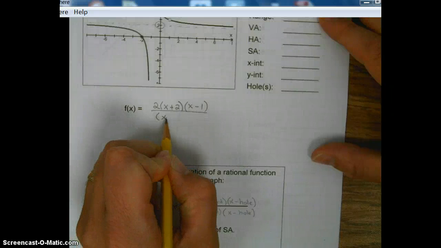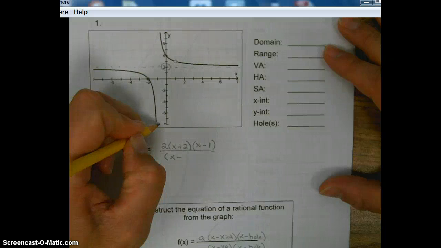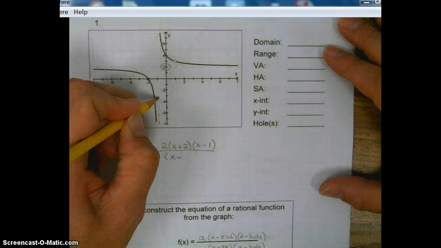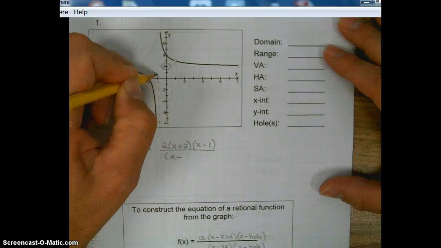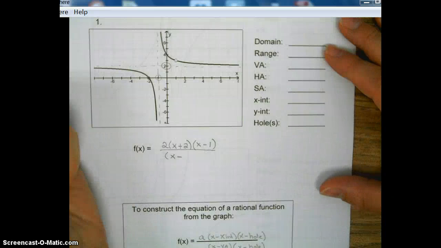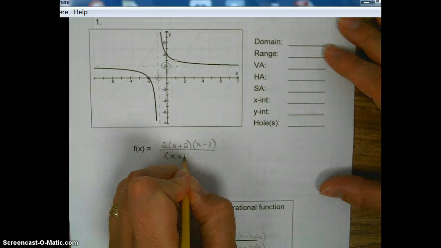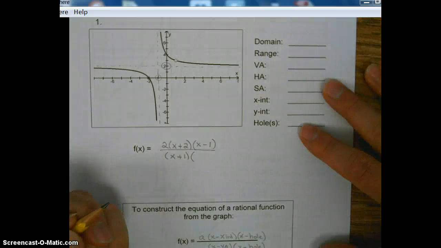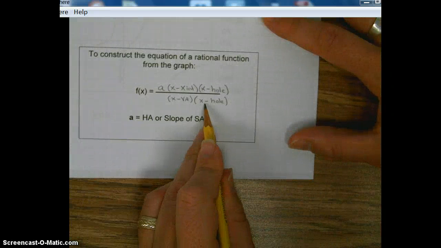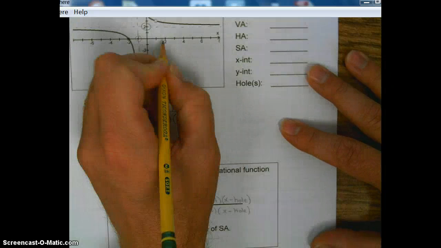Our vertical asymptote for this one is right here, and that goes through -1. So x minus -1, which is x plus 1. And then we have x minus our hole, so x minus 1.